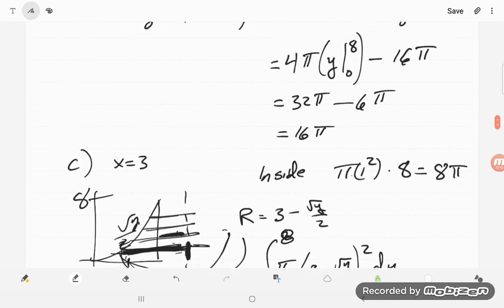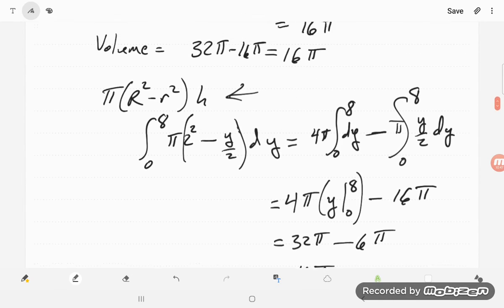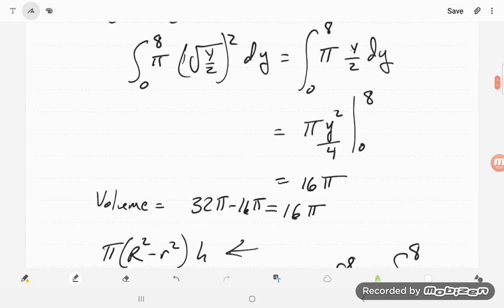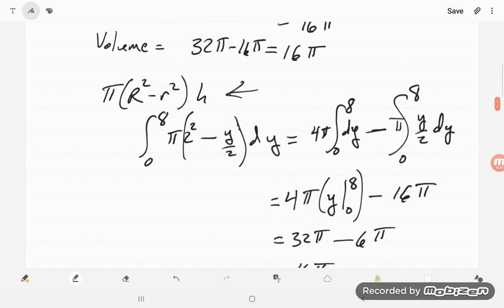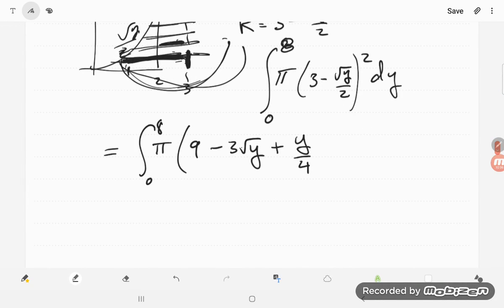Did I do that up here? Y over 4 or y over 2? Uh-oh. See, that's where, oh yeah, okay. So you see, I wrote it wrong. It's the square root of y over 2.